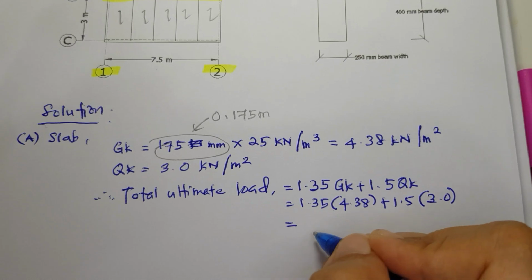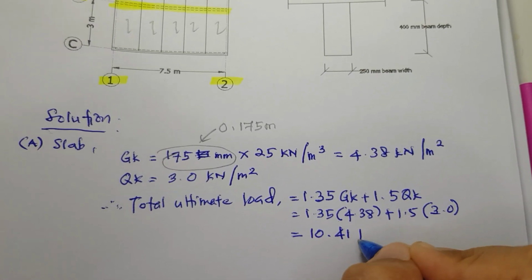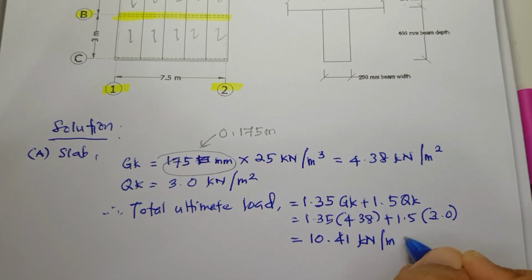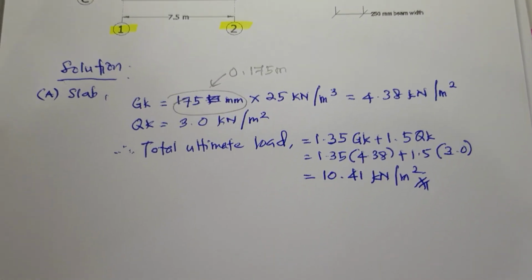Thus the answer is 10.141 kilonewton per meter square. So this is for slab.